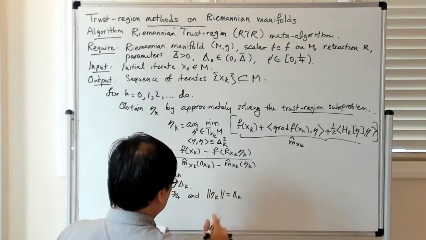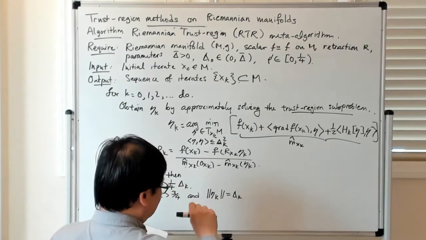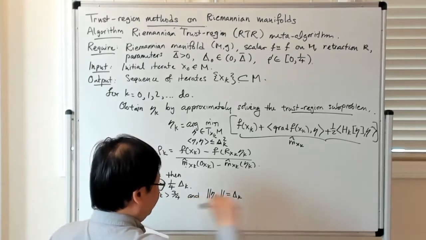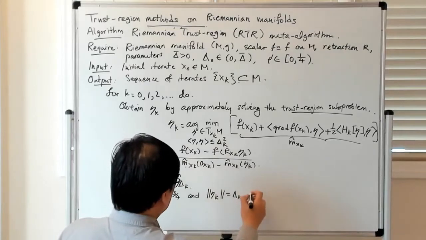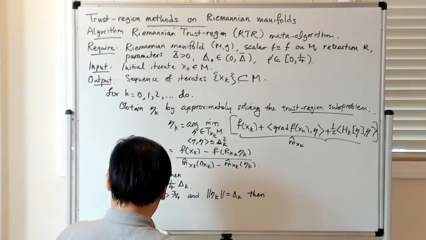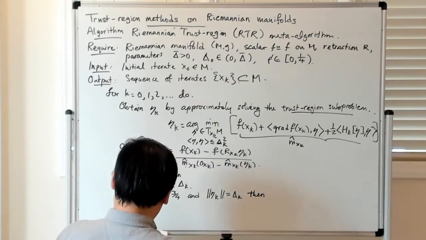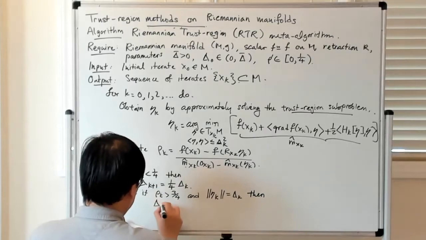So essentially you want rho k to be greater than 3/4, and you want the method to be taking a full step up to the trust region radius. Okay, so if those two things are true, then what you want is to increase the size of the trust region radius.